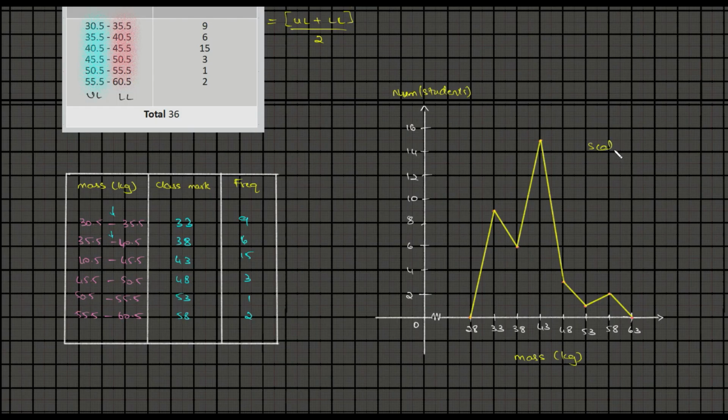And then we have the scale. Along the x-axis, for every centimeter, we have 5 marks. Along the y-axis, for every centimeter, you have 2 students.